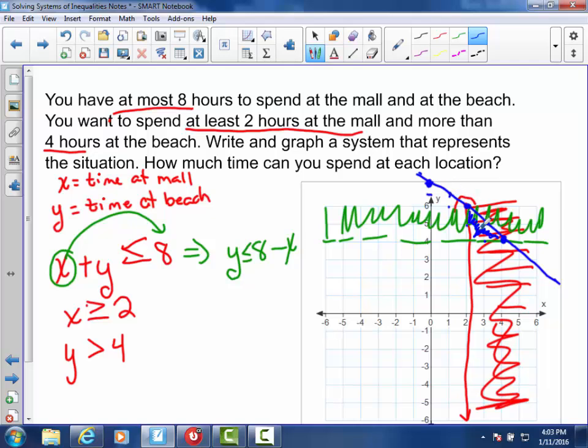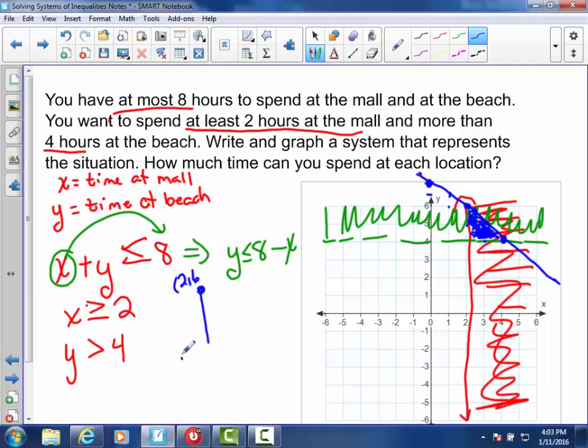So this little triangle here is where all three lines intersect and the shading overlaps. Okay, so I'm going to pull that out because it's a little hard to see, but this point is at 2, 6.